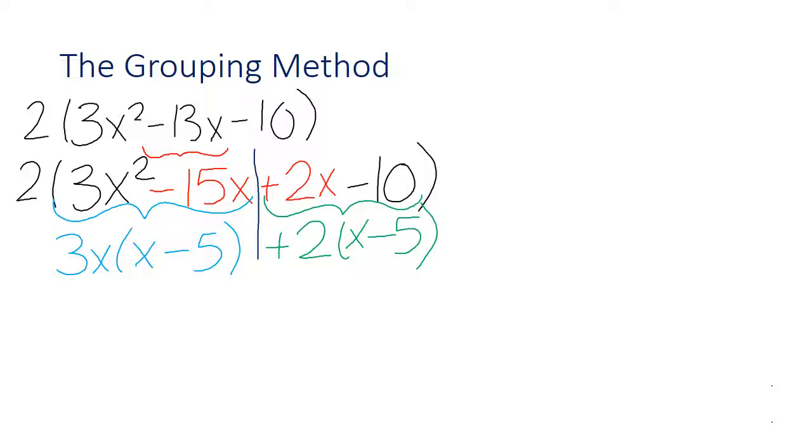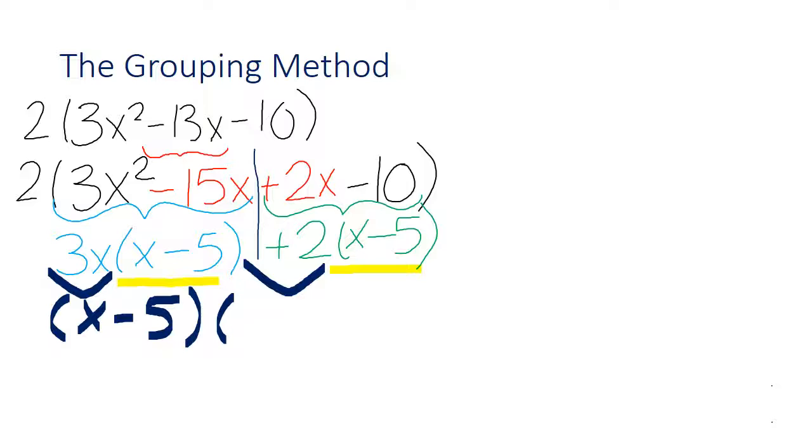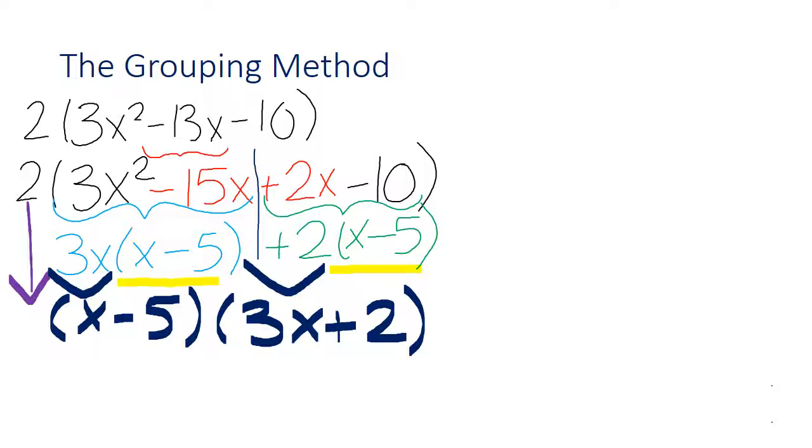Once we have factored the two groups, we can identify the identical factor. We write down the identical factor just once, and we combine whatever we have left as a factor. And don't forget to bring down the number 2. Therefore, our trinomial has been completely factored by the grouping method.